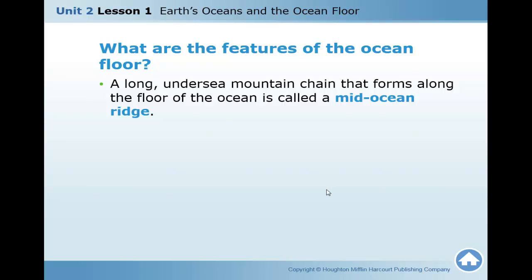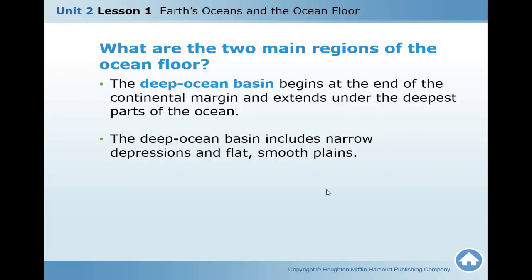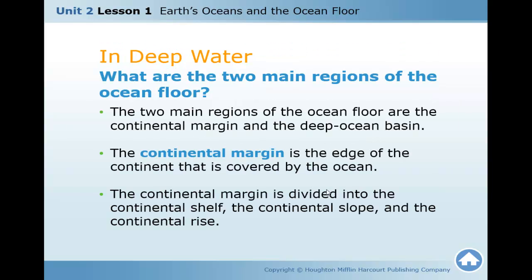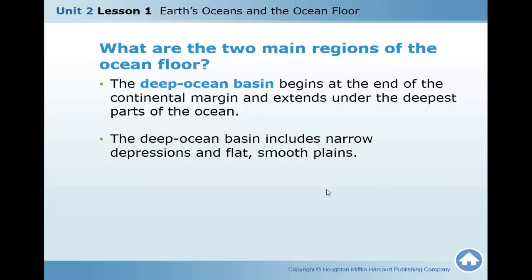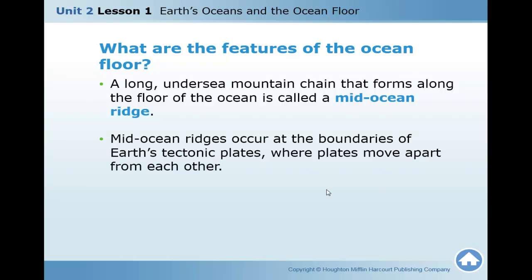So when we are asked what the two regions of the ocean floor are, we say the first one is the continental margin, the second one is the deep ocean basin. The long undersea mountain chain that forms along the floor of the ocean is called a mid-ocean ridge.